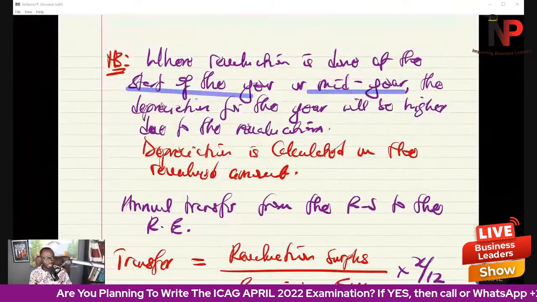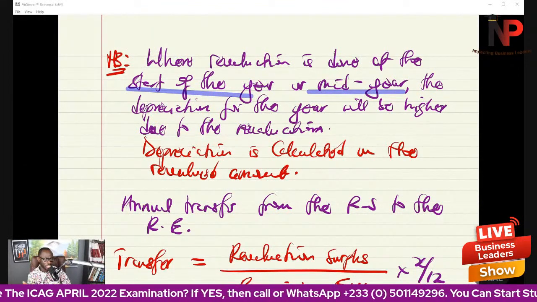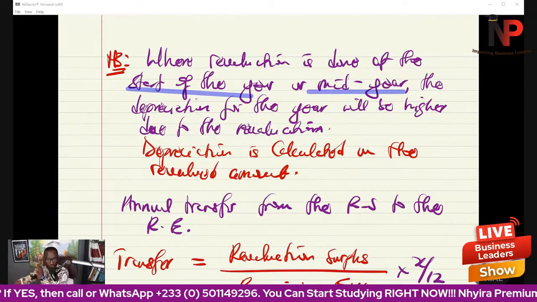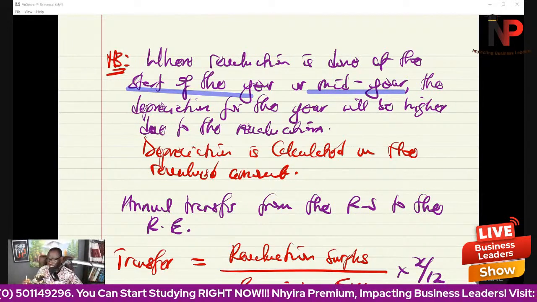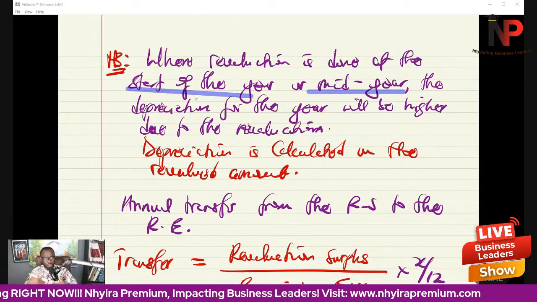But then there is an annual transfer that may be charged because of the revaluation surplus. Because when an asset is revalued, especially at the start of the year or midway through the year, it means depreciation must be calculated on the revalued amount.